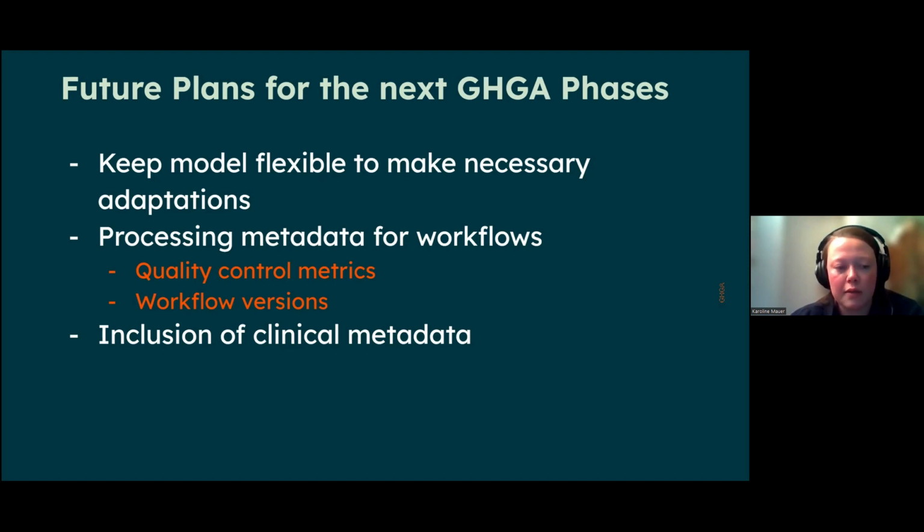Two things that we want to capture are the quality control metrics and, for example, the workflow versions. And as I said, we are also thinking about how we can include the clinical metadata, and this is a process that is ongoing right now.